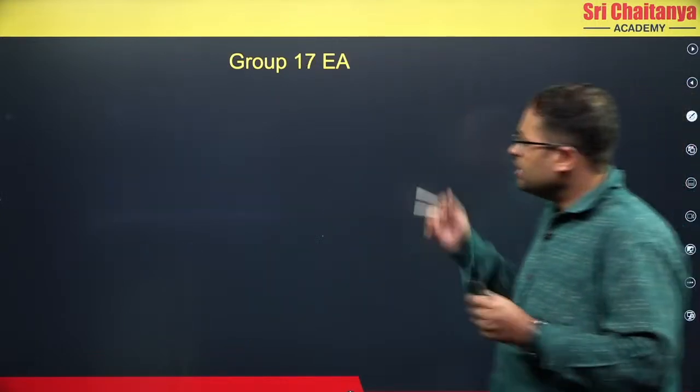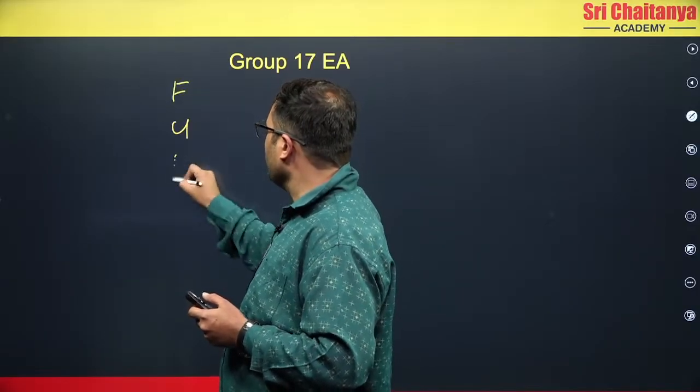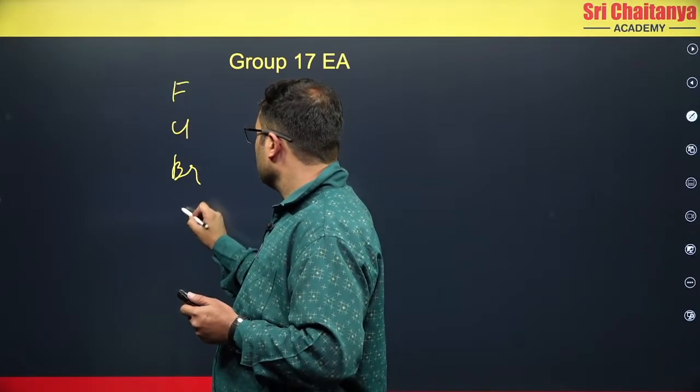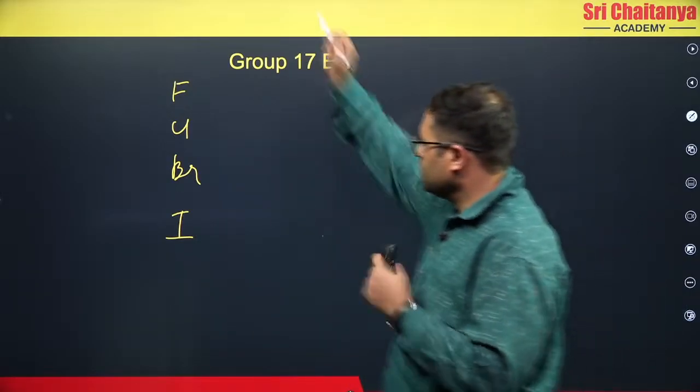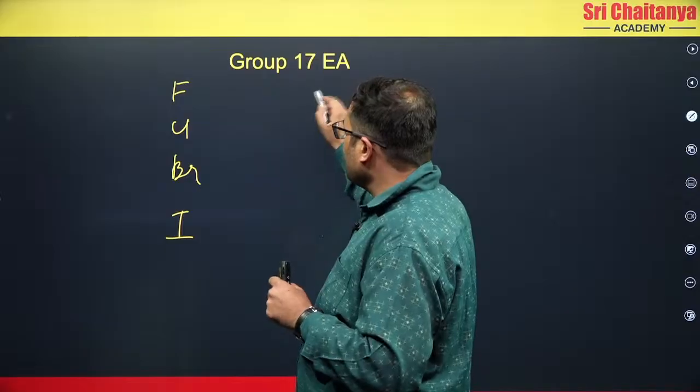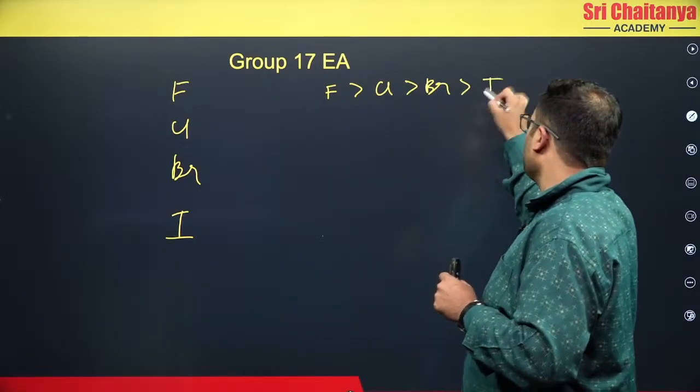Group 17, simple, group 17 is halogens, so you have fluorine, chlorine, bromine, iodine. Here also the same effect happens. Normally electron affinity order should be fluorine, chlorine, bromine and iodine.